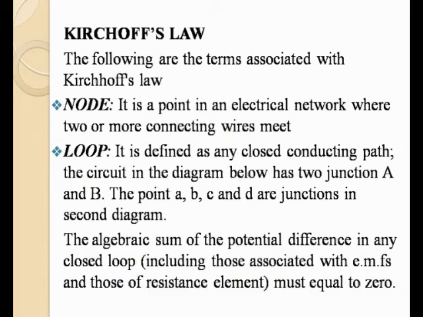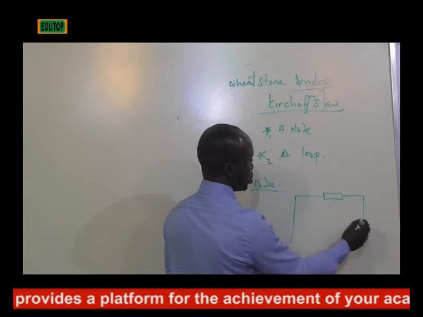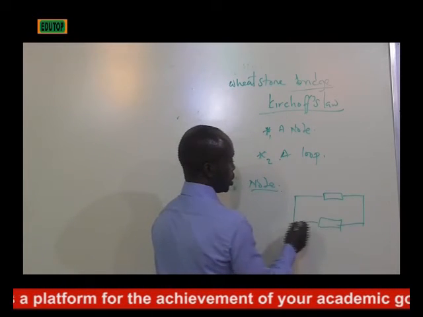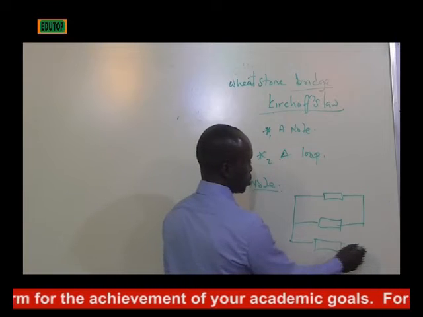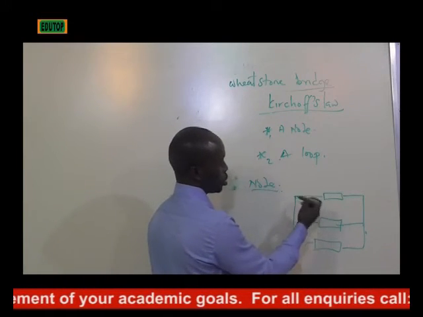What is a node? Now, from our definition there, we realize that a node is a point in an electric network where two or more connections meet. When I say connection, if this is to be a network, in electronics or electrical engineering, they make use of circuits a lot, where there is combination or connection of what?